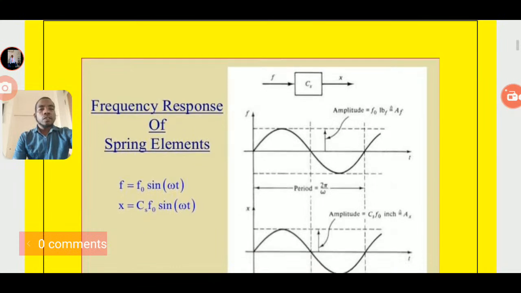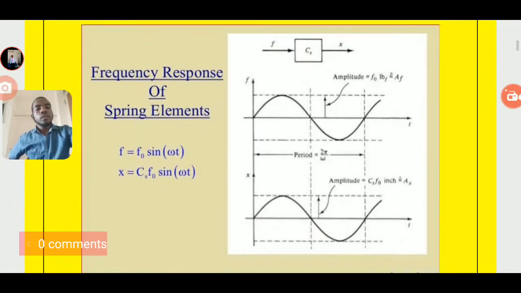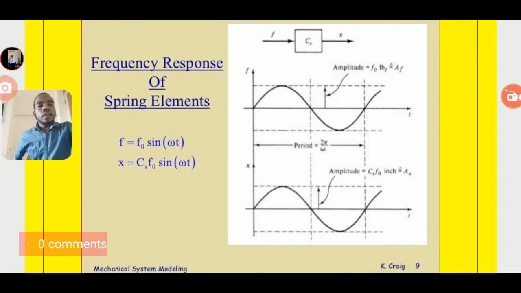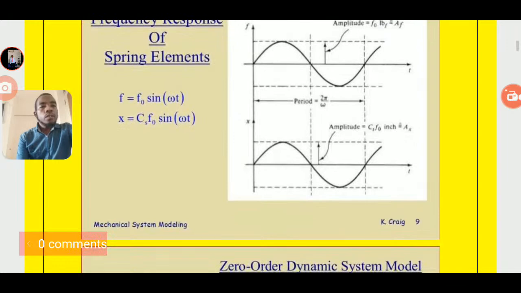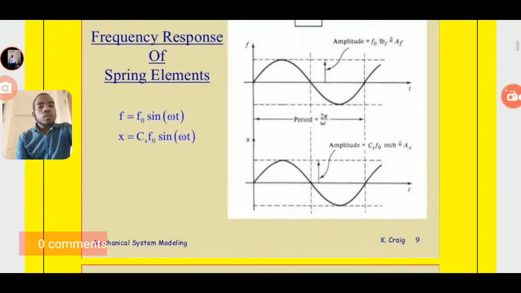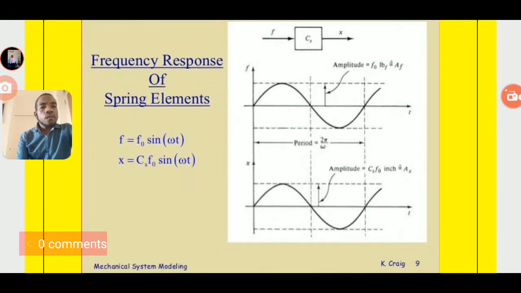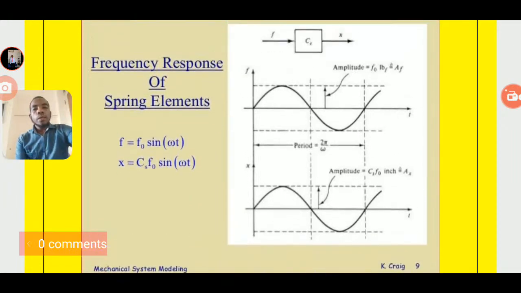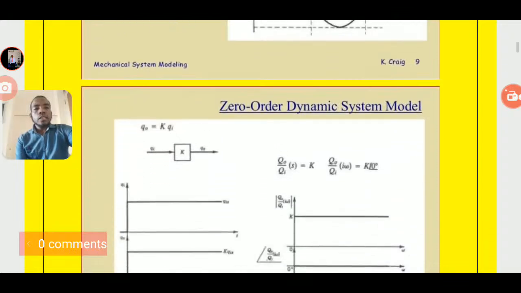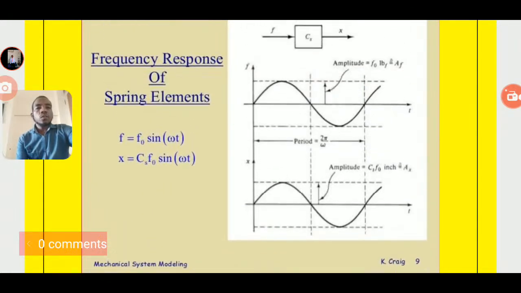The amplitude also should be F naught into fb of f square into af. This is the amplitude, the amplitude in the case of Cs and the amplitude in the case of af. So like this we can calculate. And this is the frequency response graph for the spring element.